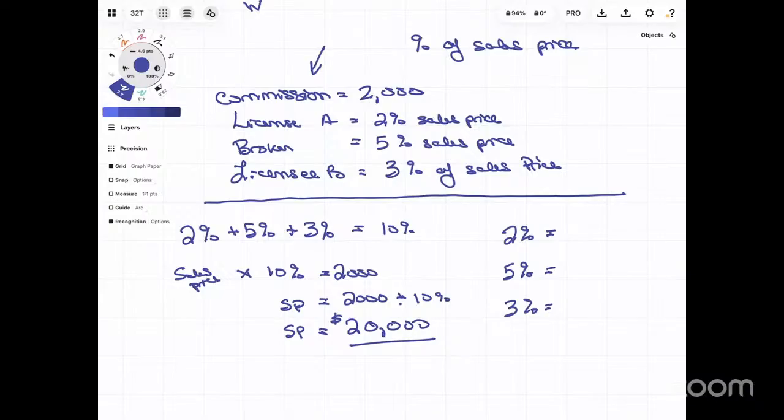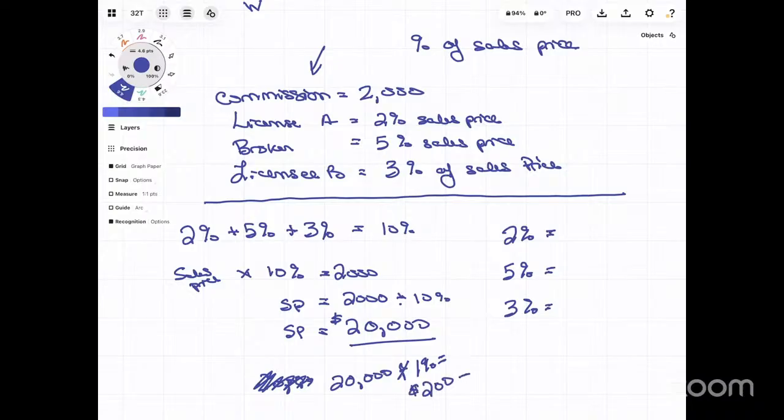So what I would do just to make my life easier, I could do 20,000 times 2%, 20,000 times 5%, 20,000 times 3%. But I'm just going to say, if I take this 20,000 and I multiply it by 1%, that gives me $200.